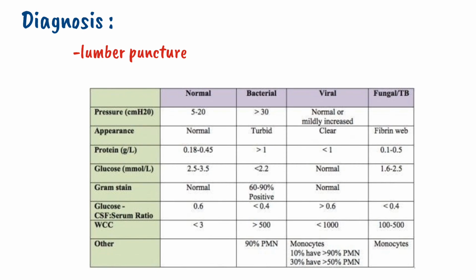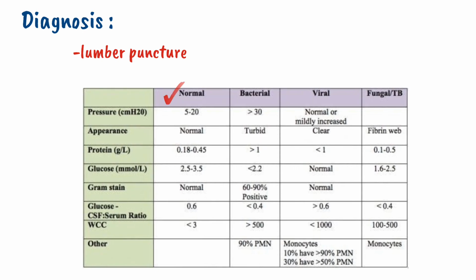This table shows the normal findings in CSF, the CSF in bacterial meningitis, CSF in viral meningitis and the CSF in fungal meningitis. In normal CSF, the pressure is about 5 to 20 centimeters of H2O. The appearance is normal. The protein is about 0.18 to 0.45 gram per liter. The glucose is about 2.5 to 3.5 millimole per liter.